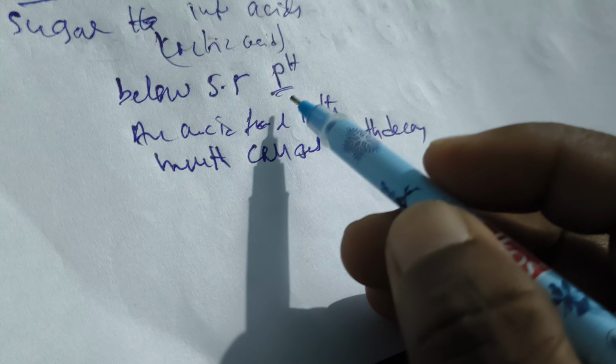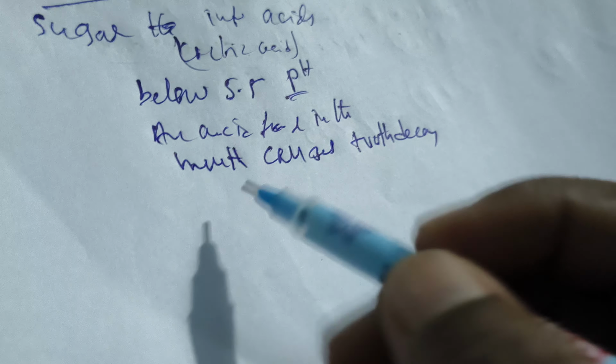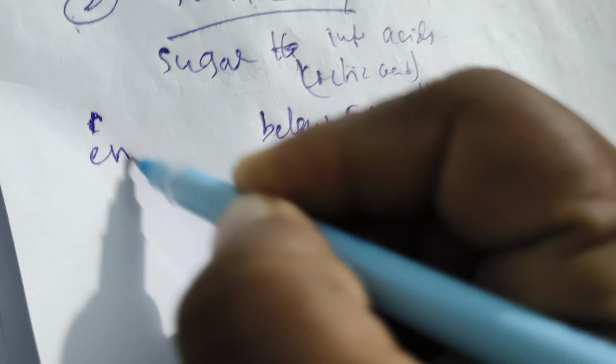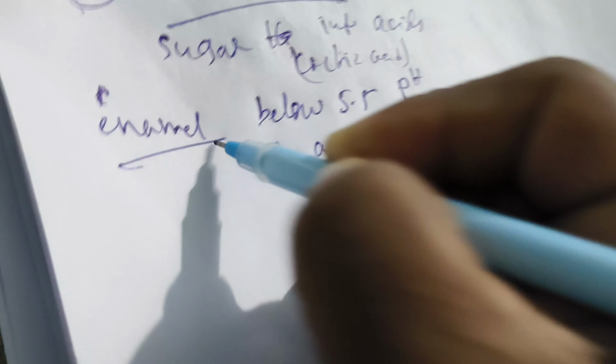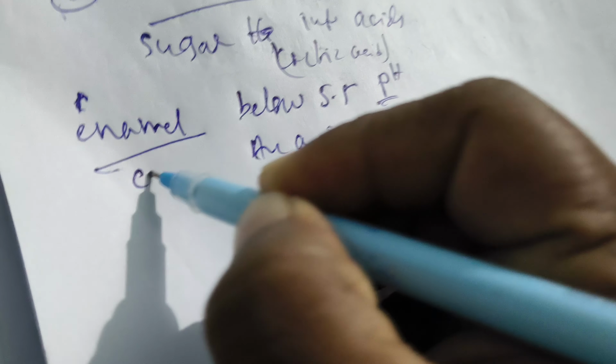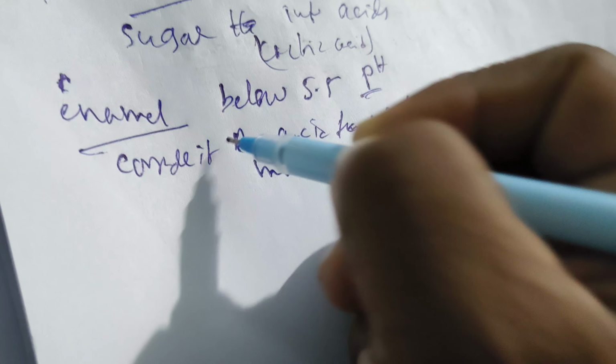So what happened? The acid, which has pH below 5.5, starts to react with or attack the enamel of our teeth and corrode it.